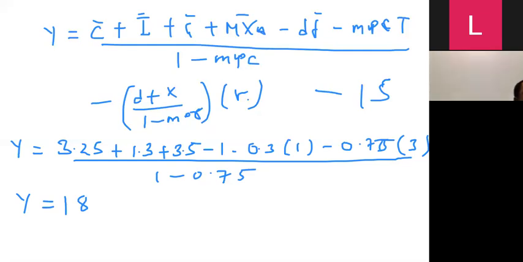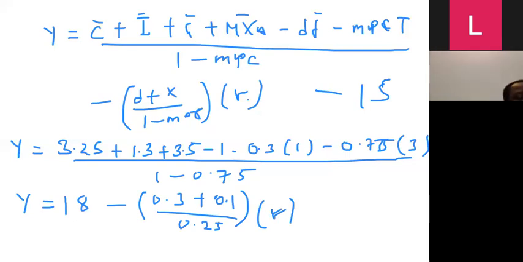Now let's look at the second component. D is 0.3, and then X is 0.1, all over 1 minus MPC, that means 0.25, multiplied by R. Great. So I will have 0.4 divided by 0.25, and that gives me 1.6.